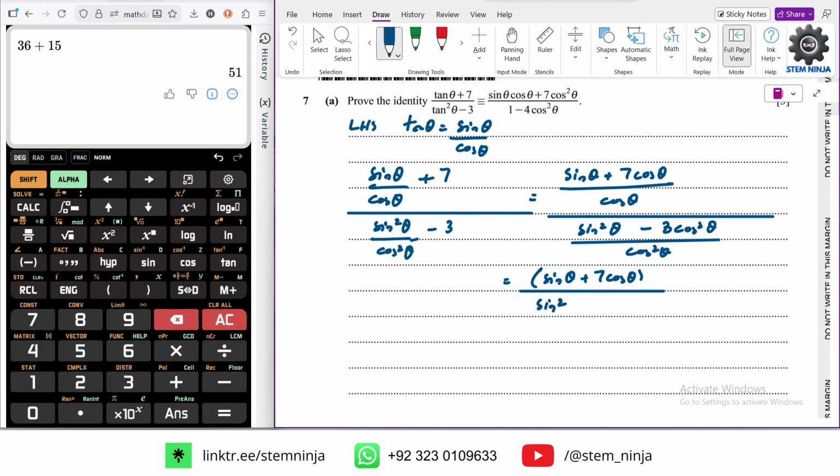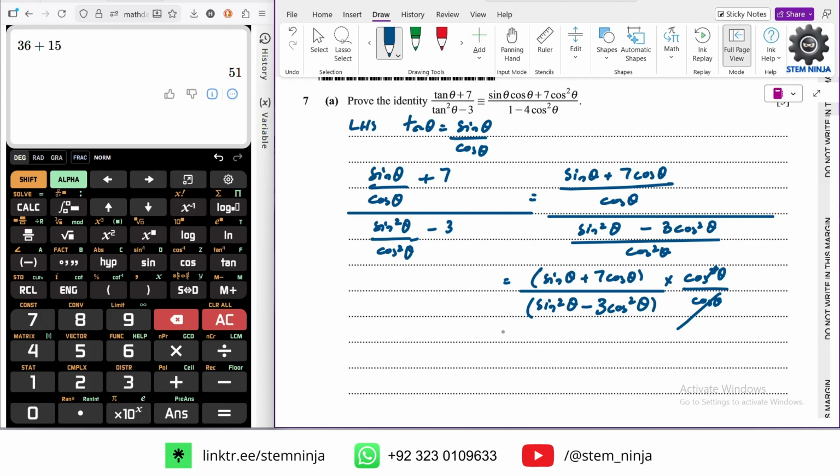Sin theta plus 7 cos theta divided by sin squared theta minus 3 cos squared theta times by cos squared theta over cos theta. Right, so one of them can cancel out, so you multiply this.